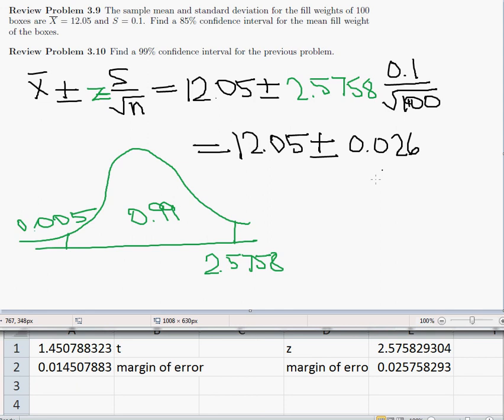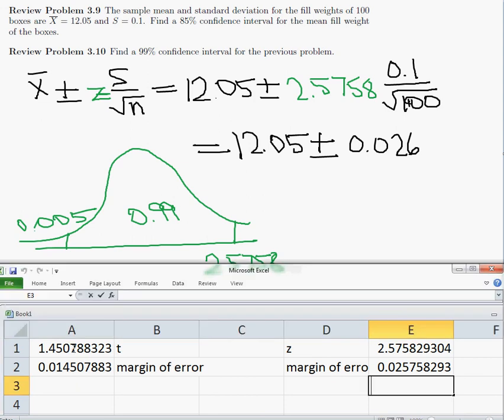And to again confirm that it really doesn't matter if I use the t-distribution or the bell curve, if I had used t-inv over here with 0.01, then I would get basically the same thing, 0.026 to 3 decimal places. So this is an illustration to say that the bell curve is a very good approximation to the student's t-distribution if I have a large number of degrees of freedom.